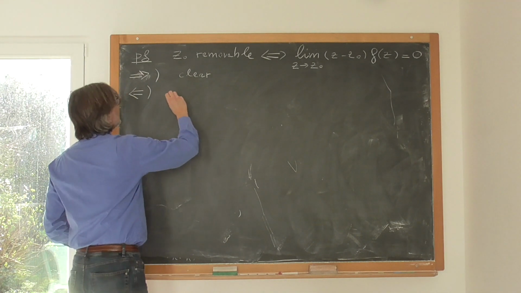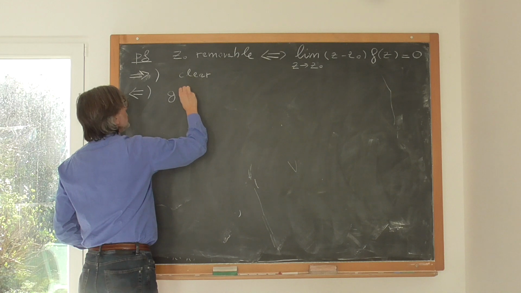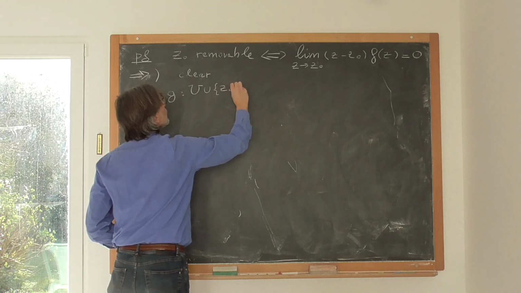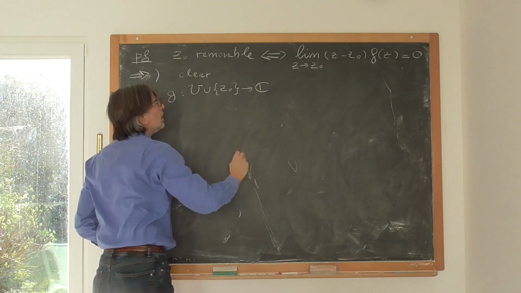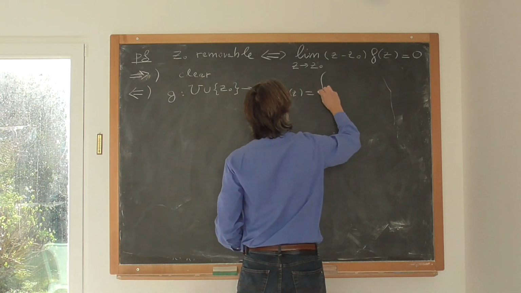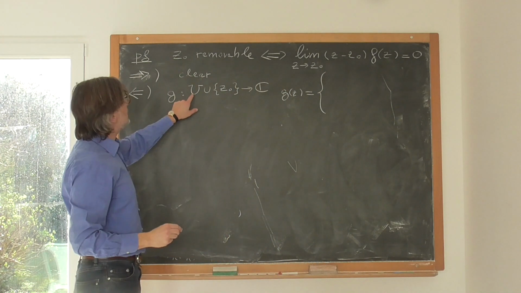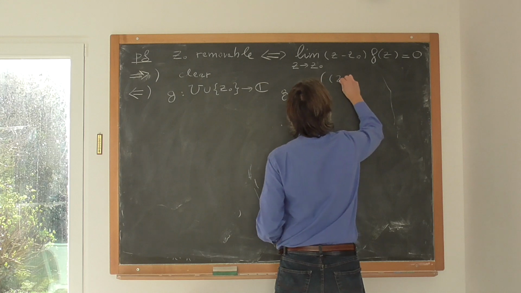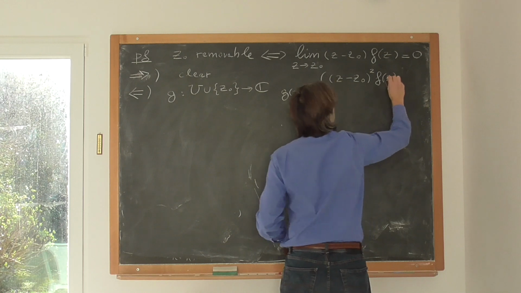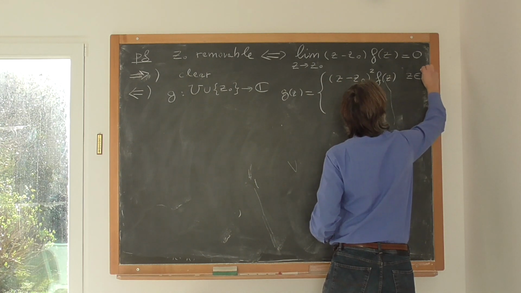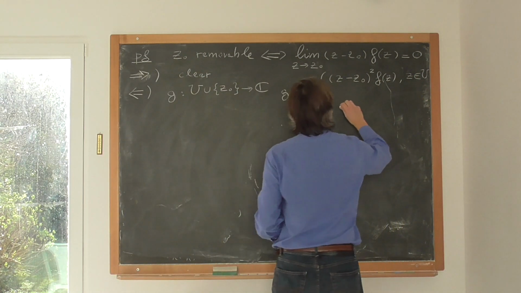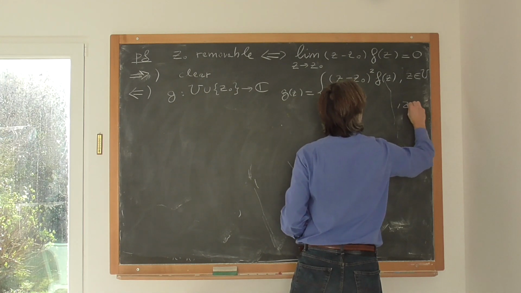In order to do this, we define a new function, g, defined on U union {z0}, with values in C, by setting g of z equal to, if z is in U, (z minus z0) squared times f of z. Instead, for z equals z0, we define the function g to be 0.